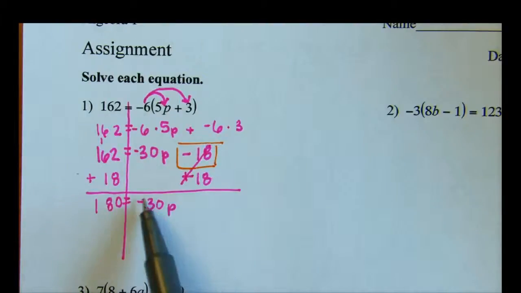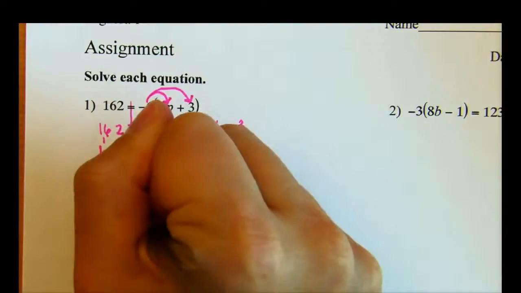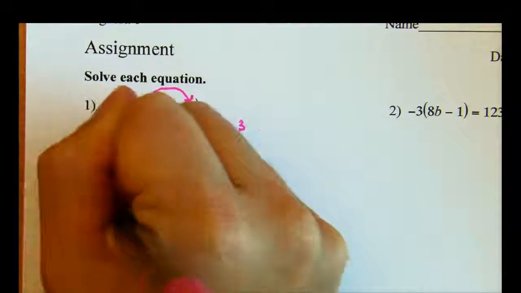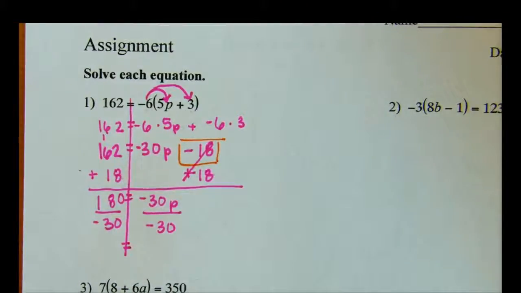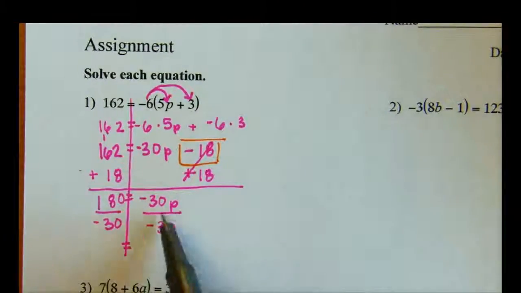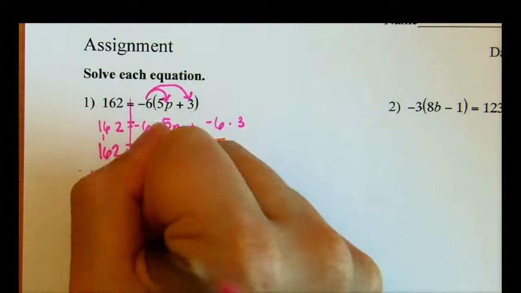So to get rid of this negative 30, I have to divide both sides by that whole number, negative 30. Okay, when I do that on this side, my negative 30 is going to cancel out. I'm just left with p.